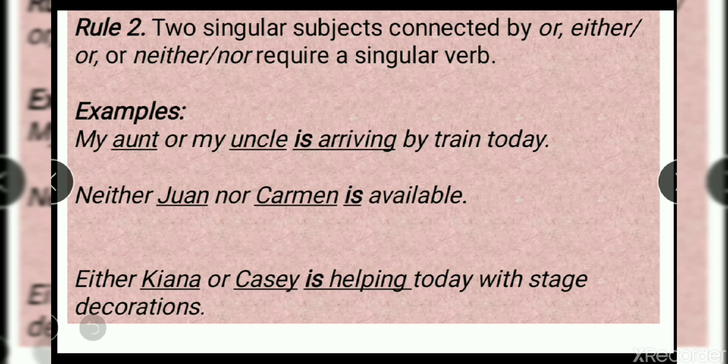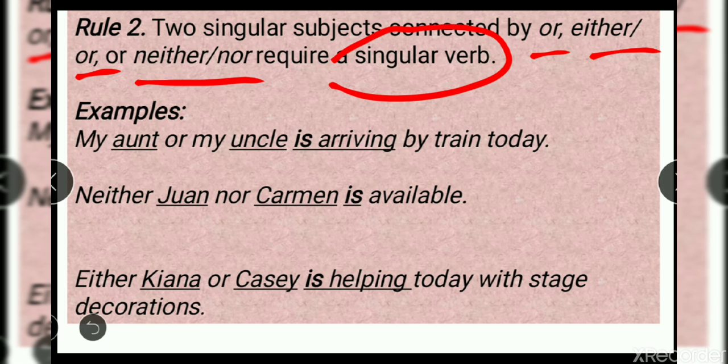Now, rule number 2. Two singular subjects connected by or, either or, neither nor require a singular verb.